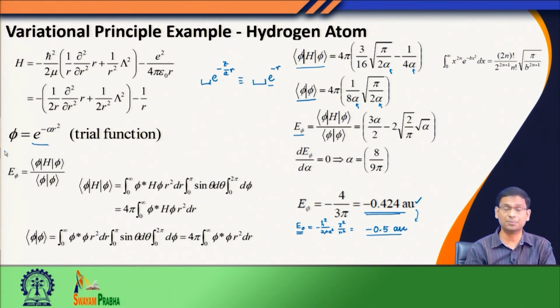There are many other properties that we would be interested in getting from the system. In those cases, sometimes you would find that although energy is nicely reproduced by variational principle, the other properties of the system are not. When that is the case, we have to question the trial wave function that we have started with.